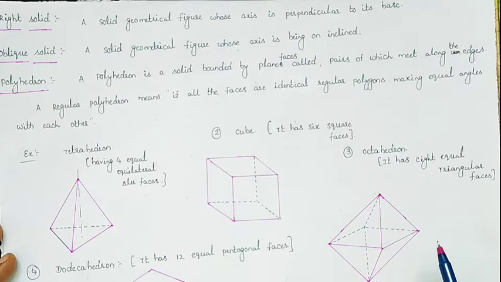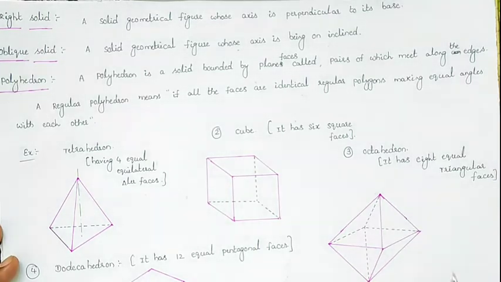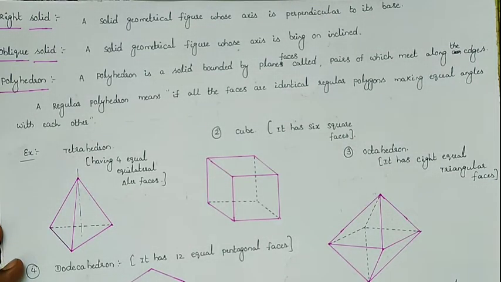Regular polyhedron means all the faces are identical regular polygons. If all the faces are identical regular polygons making equal angles with each other, then the polyhedron is said to be a regular polyhedron. Here I am taking the tetrahedron as an example.